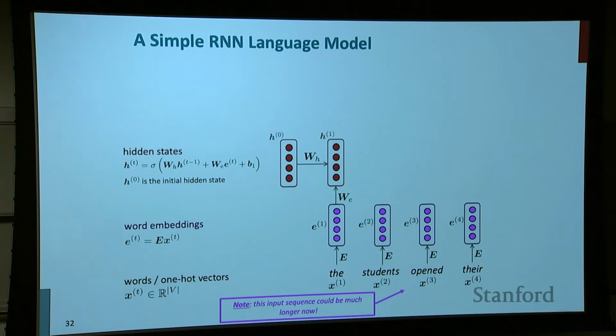So that hidden state will then store a memory of everything that's been seen so far. So we'll do that, and then we'll continue along. We'll multiply the next word vector by the same weight matrix WE, multiply the previous hidden state by the same weight matrix WH, and we add them together and get a new representation.